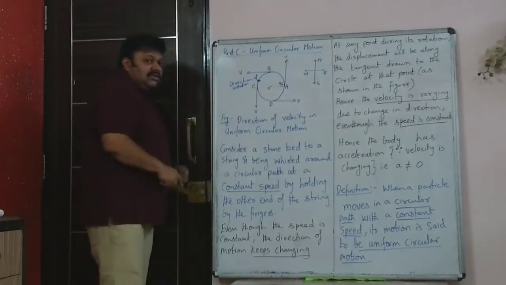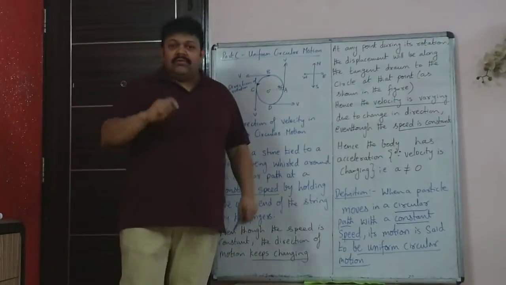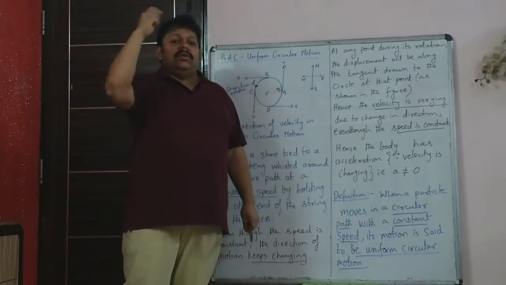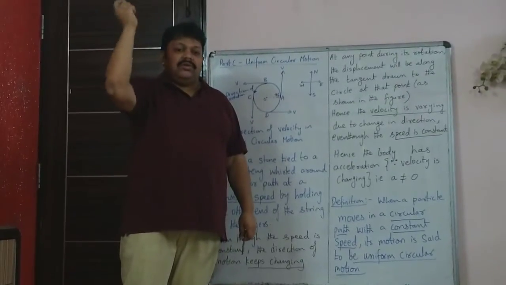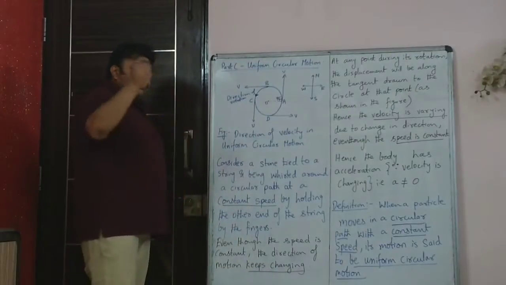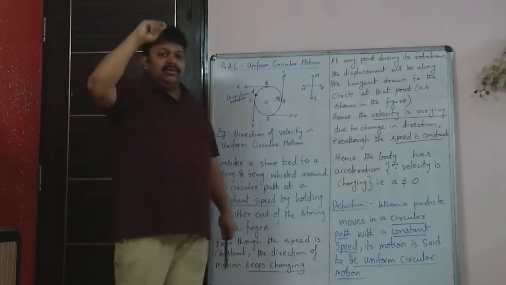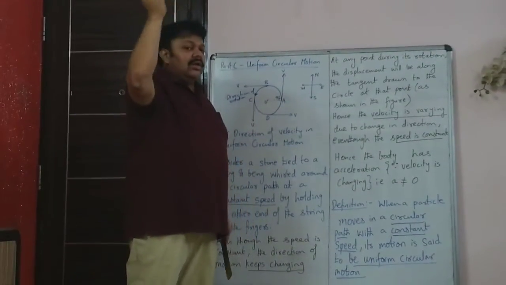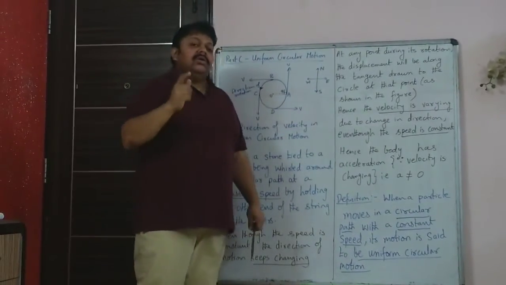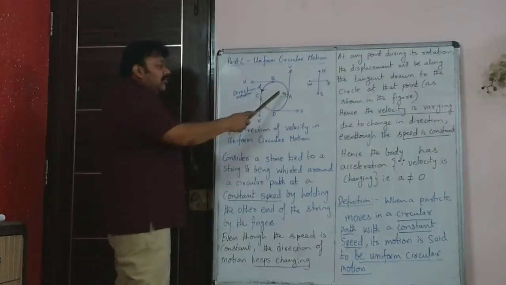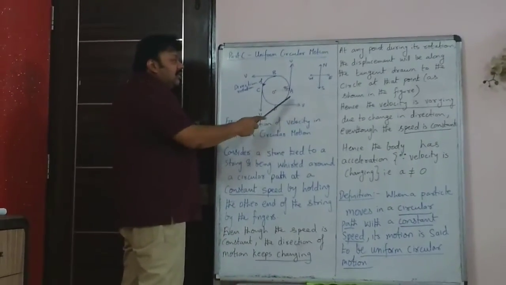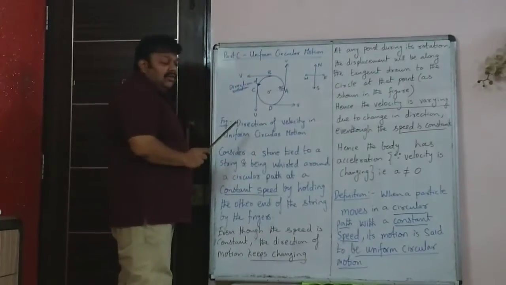Let's consider this is a stone which is tied to a string, and you're just whirling the stone in this direction, in this manner, in a circular path. So the string is held by your two fingers, one end, and the other end there is a stone, and you're rotating it at a constant speed. The speed is constant, but at every point during its rotation, the direction is changing continuously.